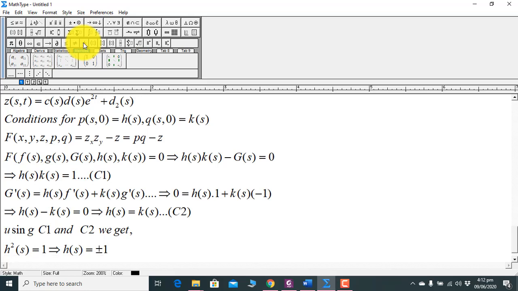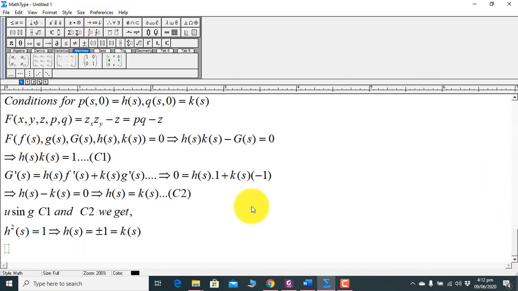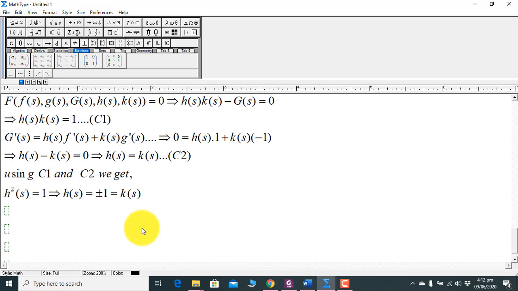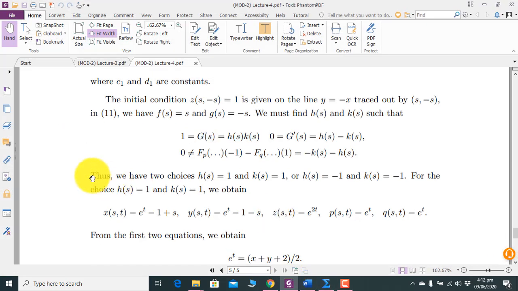Because H and K are equal, K is also plus minus 1 using condition 2. If H is 1, K will be 1. If H is minus 1, K will also be minus 1. Which one should you select? This is the important question. So we have two choices: either H is 1, K is 1, or H is minus 1, K is minus 1.